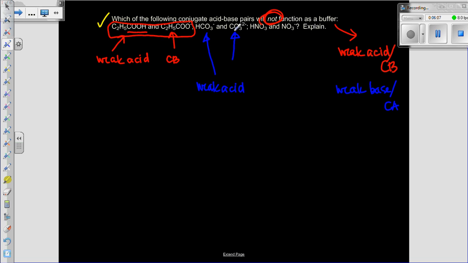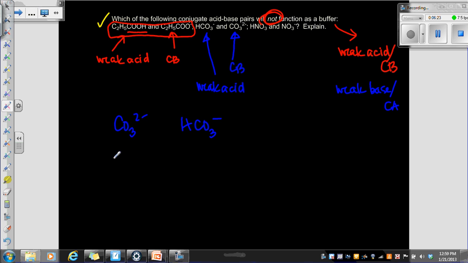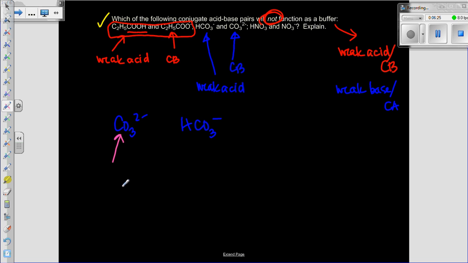If we remove a hydrogen from it, we would get the carbonate ion, so that would be its conjugate base. Now, if they had listed it the other way, where carbonate was first and then bicarbonate or hydrogen carbonate was second, we would look at this and we'd say it's not an alkali metal or alkaline earth hydroxide, so this would be a weak base.